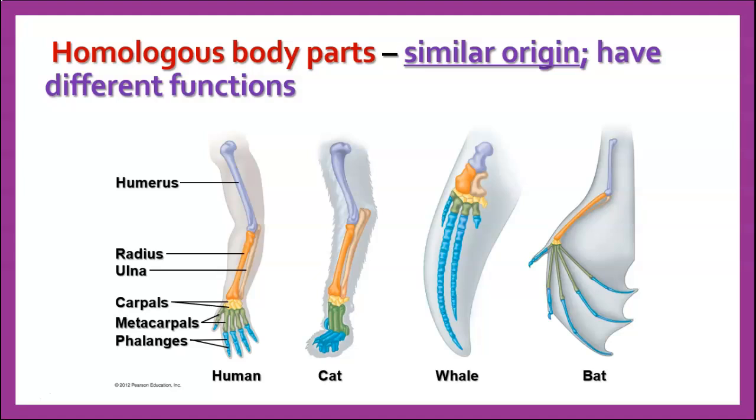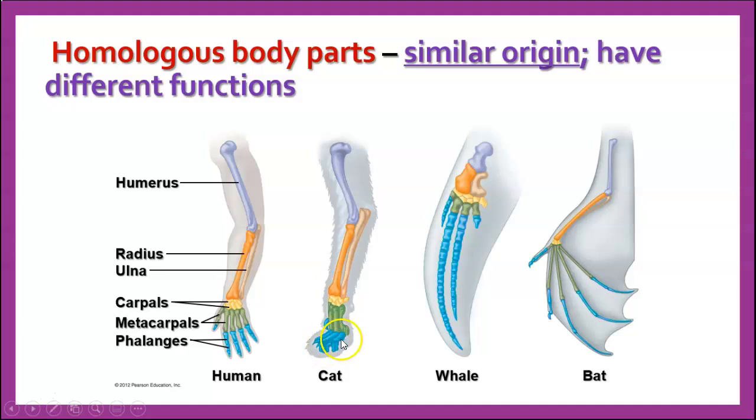Humans generally use their arms to lift and grasp things. We have an opposable thumb that allows us to hold on to things, and so you see the one bone, 2 bones, small bones, longer bones, and digits here. That's the pattern that you see in the forelimb of a human. You see the same pattern of bones in the forelimb of a cat, but the function of the cat's forelimb is very, very different.